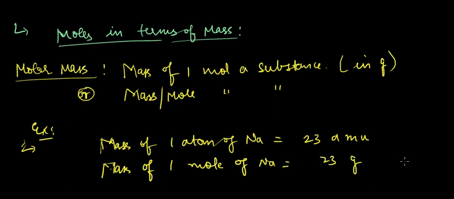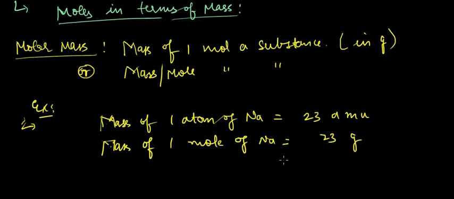So you can calculate the mass of 1 atom of Na from it, because 1 mole of Na will contain 6 × 10^23 atoms, and the mass of 6 × 10^23 atoms is 23 grams. So 1 atom's mass can be calculated by dividing 23 by 6 × 10^23. Okay, so we'll get the required information from there.